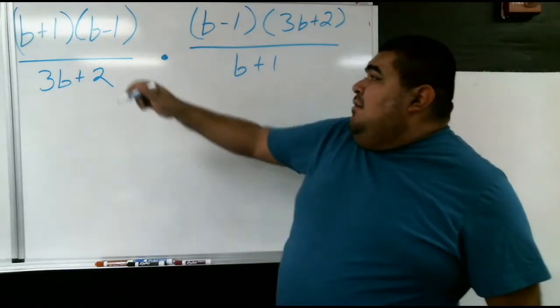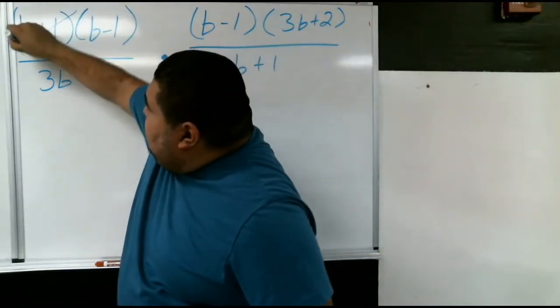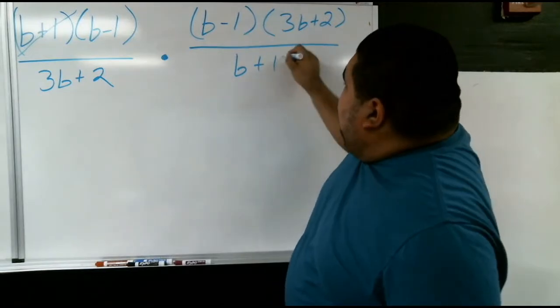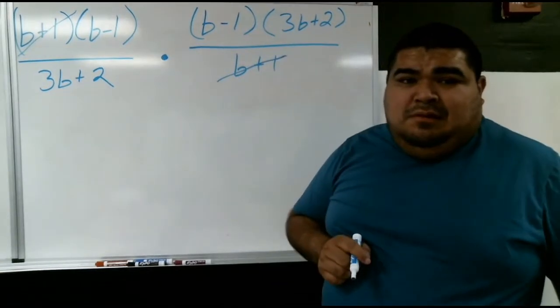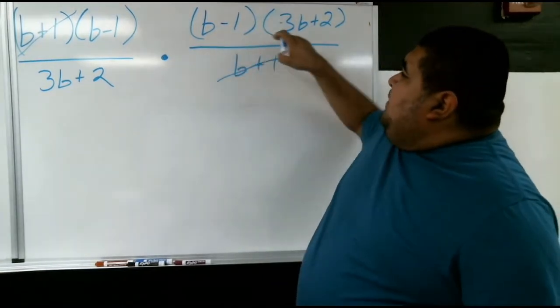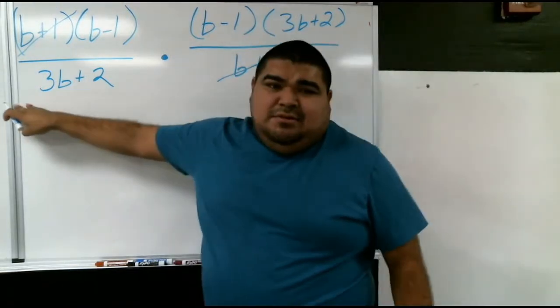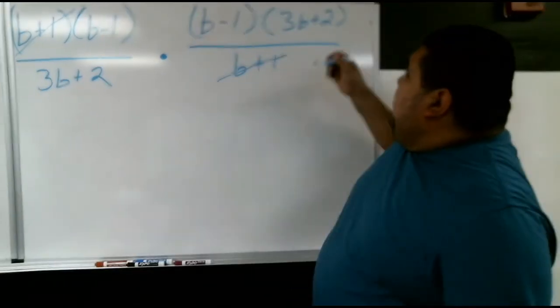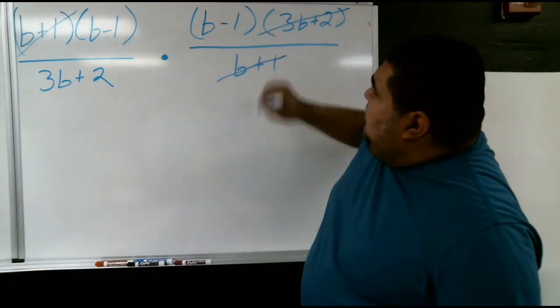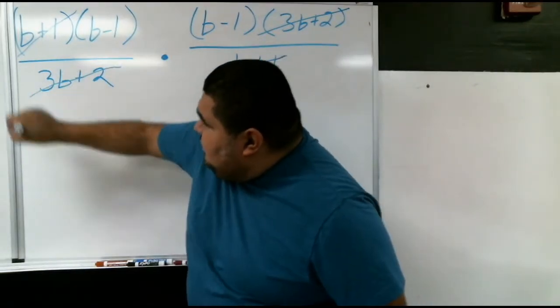We do, right? b plus 1 cancels out. What about in the opposite? Anything here that is also down here? We do, right? 3b plus 2 cancels out.